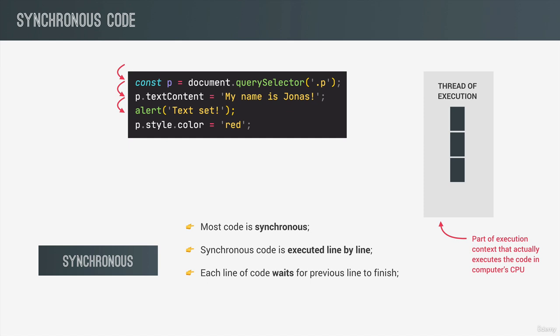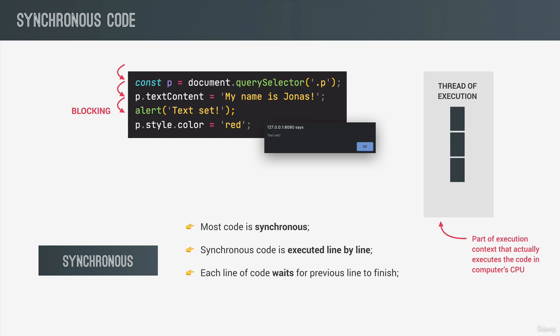Now, this can create problems when one line of code takes a long time to run. For example, in this current line of code, we have an alert statement which creates this alert window. Now, as we've experienced in the past, this alert window will block the code execution, right? So nothing will happen on the page until we click that OK button.